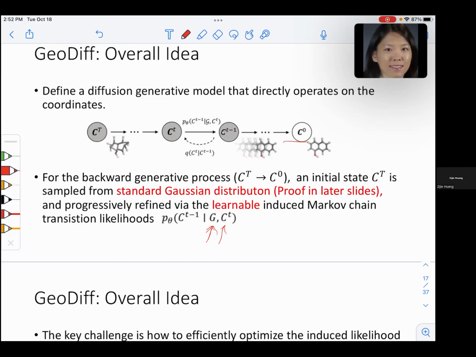The probability defined over P and Q is defined over latent representations, but here this C directly refers to the node coordinates and their features. So all the C's are actual node coordinates. Yes. Then that relates to another question: how do we decide the order? Because if you want to concatenate the coordinates, then for a different node order you're going to have a different vector here.